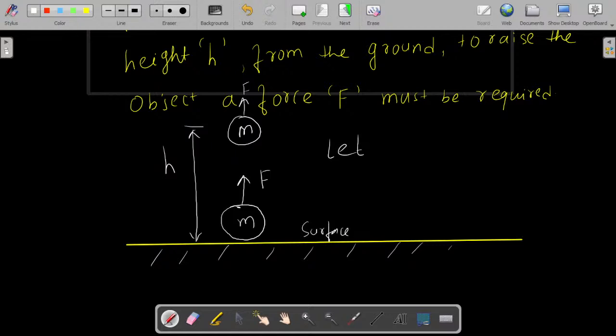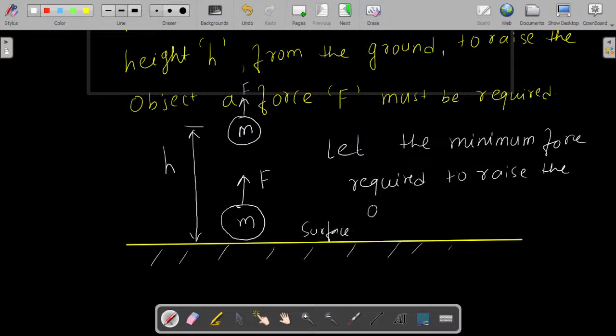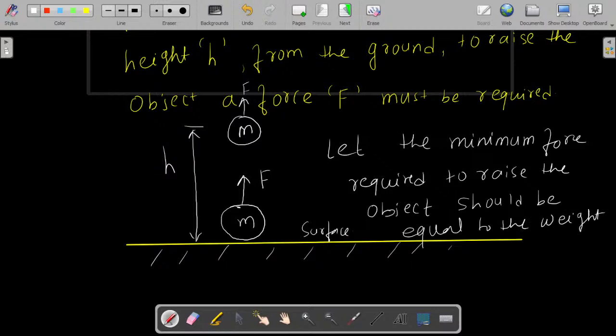Write down next. Let the minimum force required to raise the object should be equal to the weight of the object.